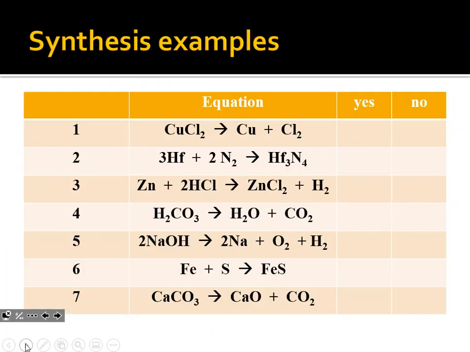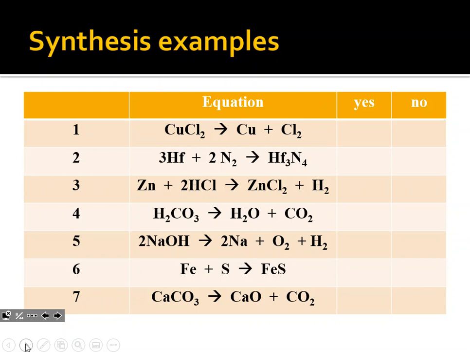All right, now some examples here. And what you need to do for reaction types is be able to recognize the pattern. So let's look at number 1. Is number 1 a synthesis? So is it two things making one thing?